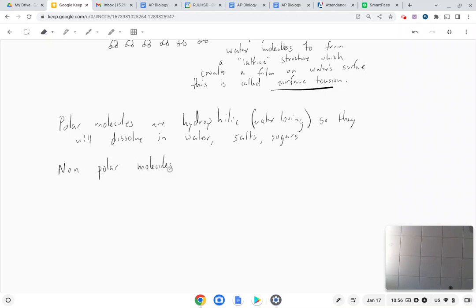So non-polar molecules are hydrophobic, water-fearing, and so they do not dissolve in water.